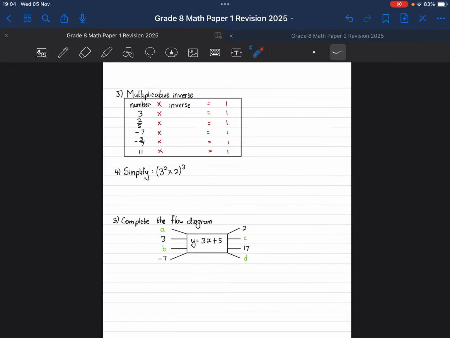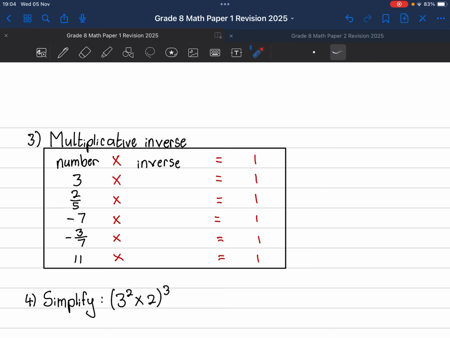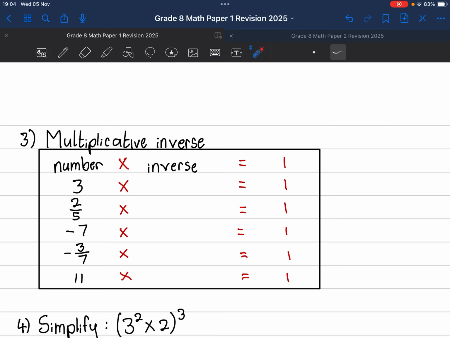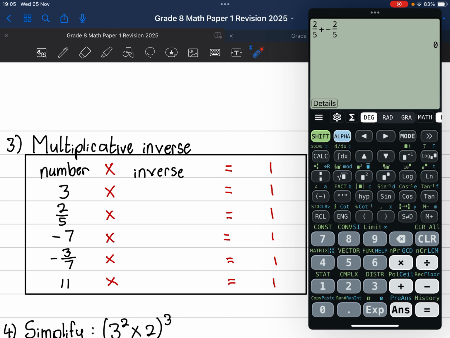Let's have a look at our multiplicative inverse now. The multiplicative inverse means that a number, any number, times a specific other number, the multiplicative inverse basically, should equal 1. Now, the number 3 times something should equal 1.